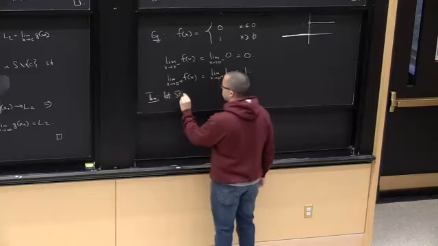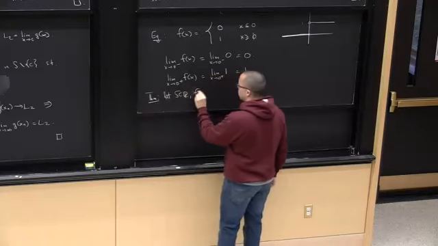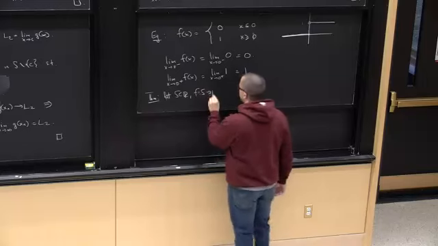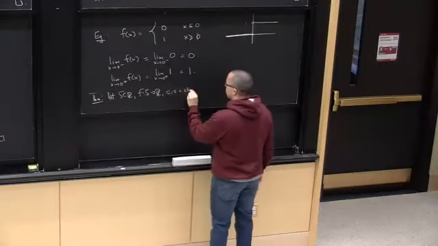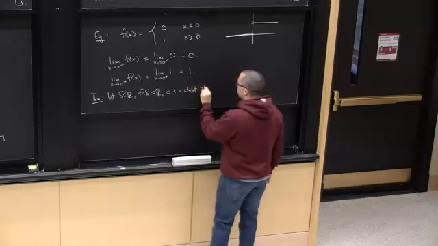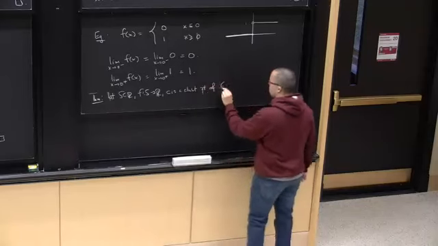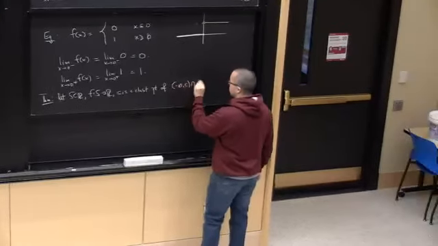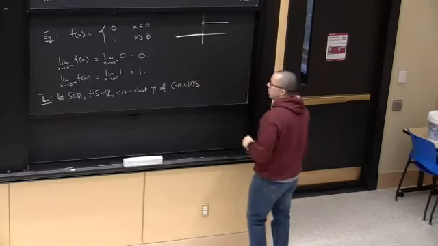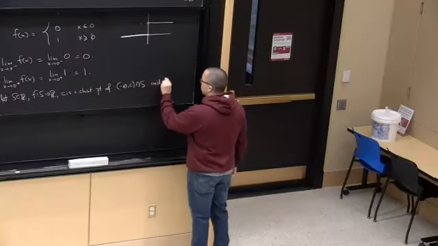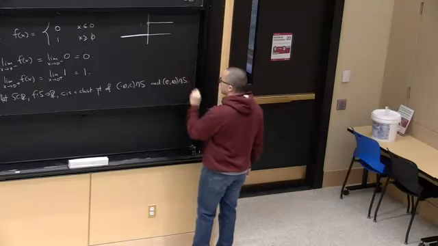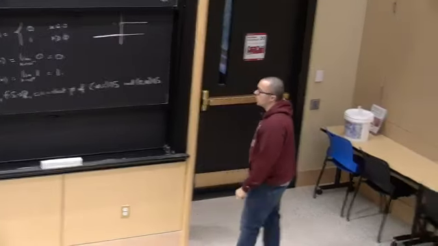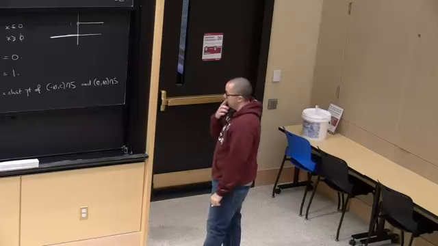Let S be a subset of R, f be a function from S to R, and suppose that c is a cluster point of both sets, minus infinity to c intersect S, and c to infinity intersect S. Okay, that way I can talk about the left and right limits at c.